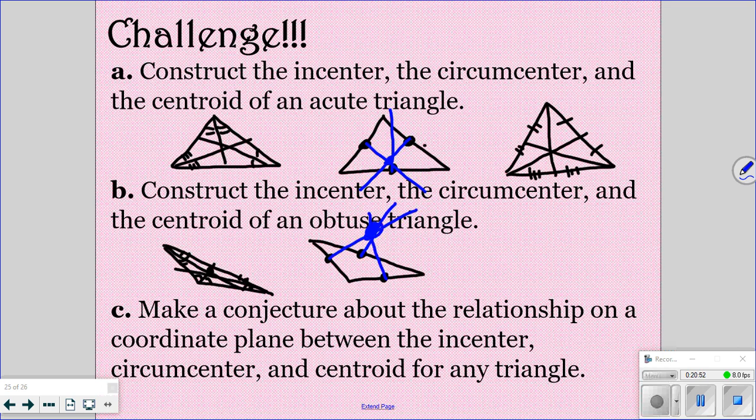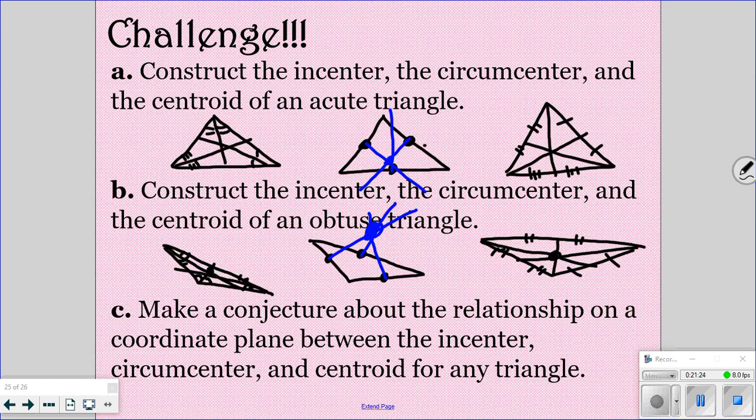And so it should intersect about right there. And then your centroid is, we'll say, about right there. So that's a rough sketch of those. It's hard to draw them without a ruler because they don't look so great.